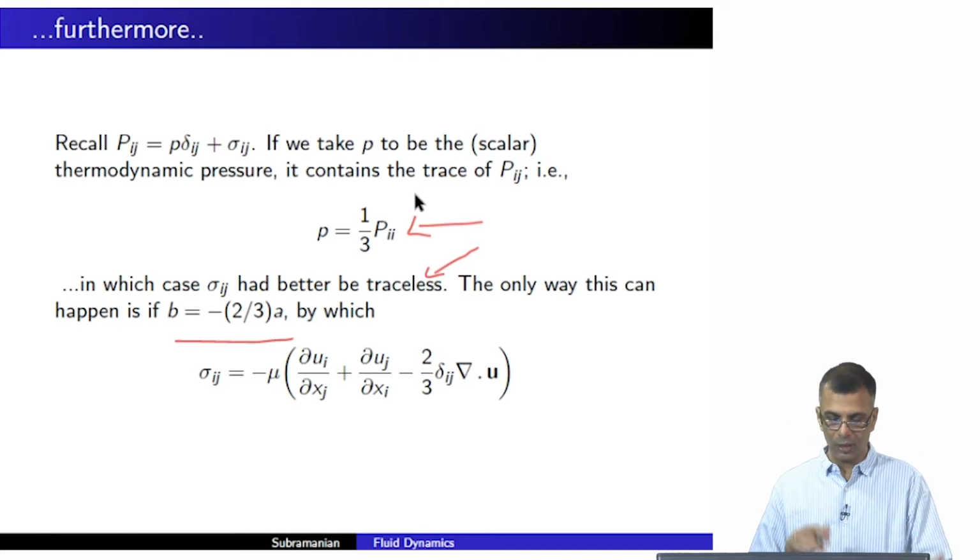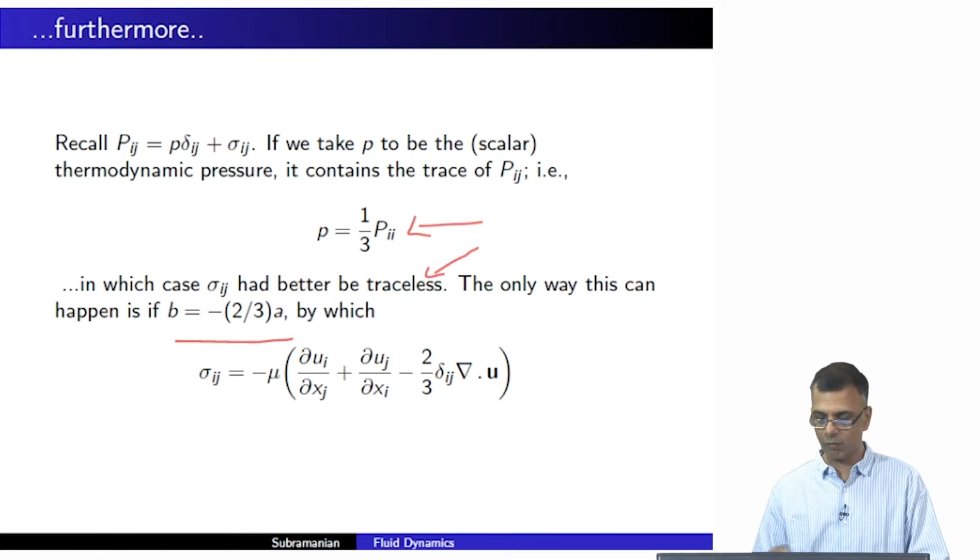In which case, the sigma ij looks like this. And here I am specializing to the slightly simpler situation where the coefficient of viscosity is the same for all combinations of i and j. So that is why I can write this as a scalar term. I've taken it outside of the brackets.